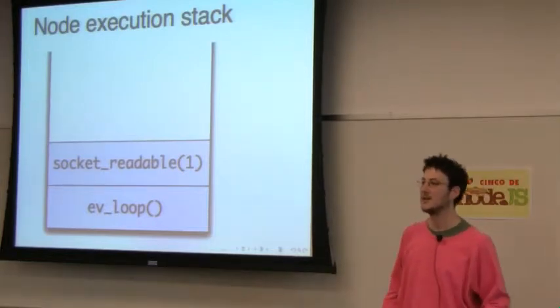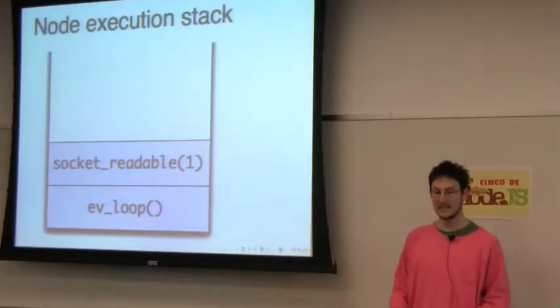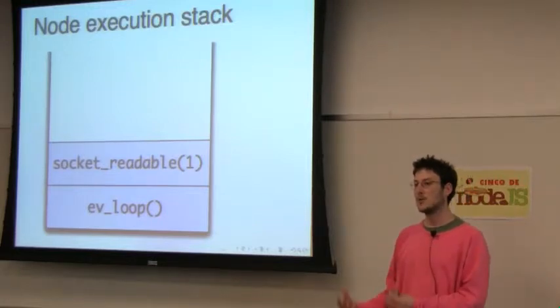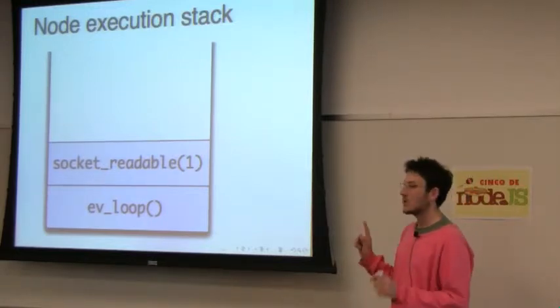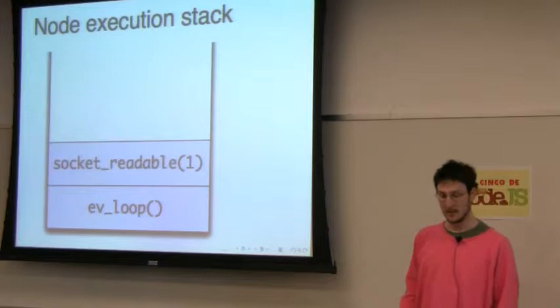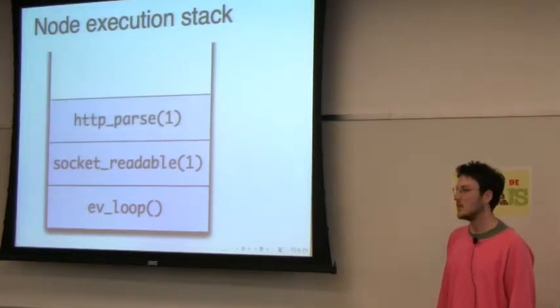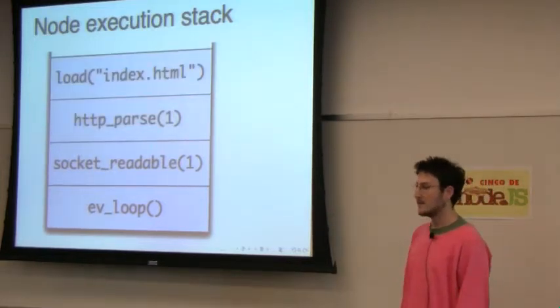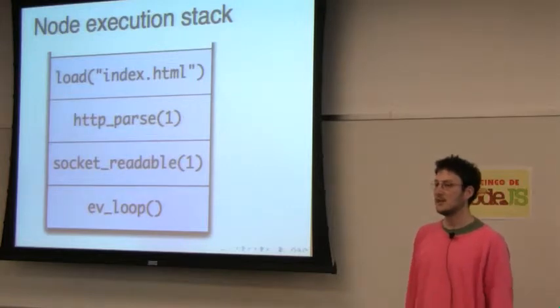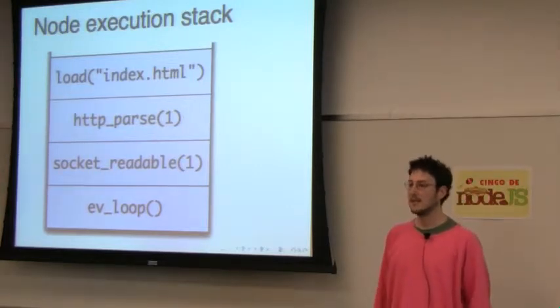Somebody connects to your web server, and now you get a call. The select returns. You get a callback in some fashion. You are told that socket number 1 is readable. So you read some data from it. You parse it, and the HTTP request was for index.html.